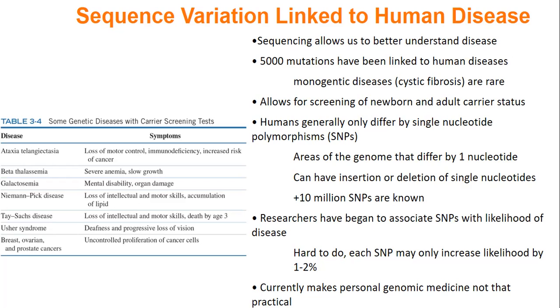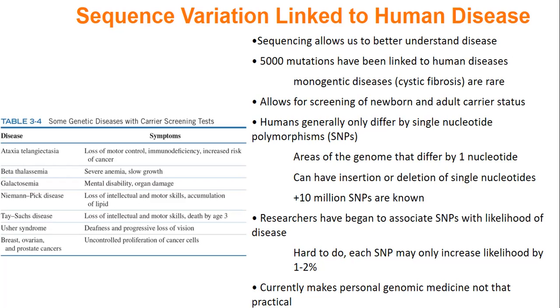And people have tried to say, if you have this SNP, will you get this disease? And that is very hard because we're talking about 1 to 2% more likely. So sure, if you get your genome sequenced, somebody could say, well, you're 30% more likely to have this disease, but it's very hard to do anything meaningful with that information.